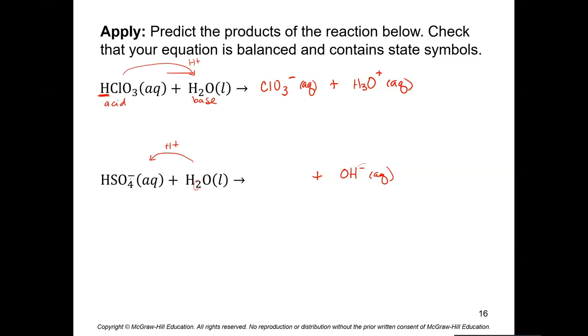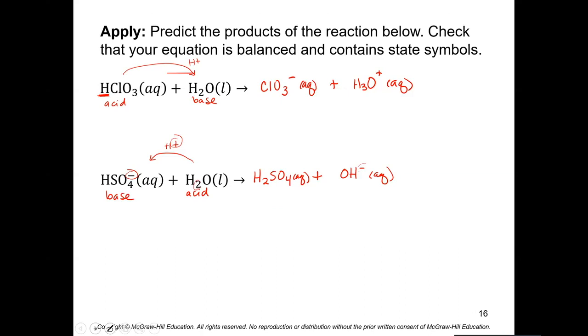Now HSO4- has accepted a proton, so it's going to have one more hydrogen, and I need to write that as H2SO4. This minus charge goes away because a minus and a positive equals 0, so H2SO4 is now neutral. This is also going to be aqueous because it's all in water. So this is how H2O can act as an acid and HSO4- as a base. Again, H2O was an acid here because it donated its proton to HSO4-.